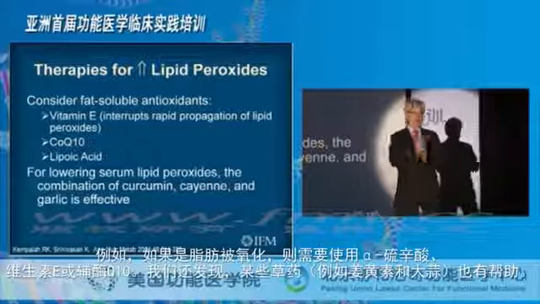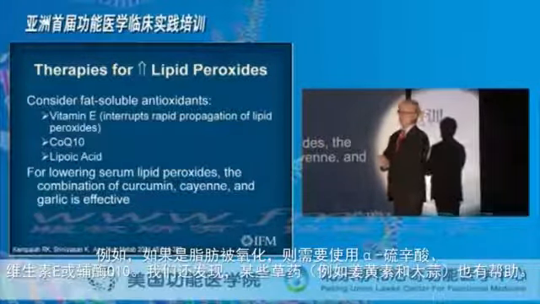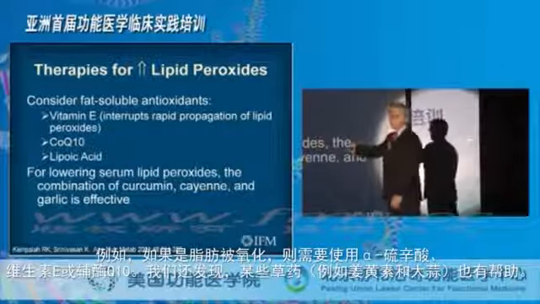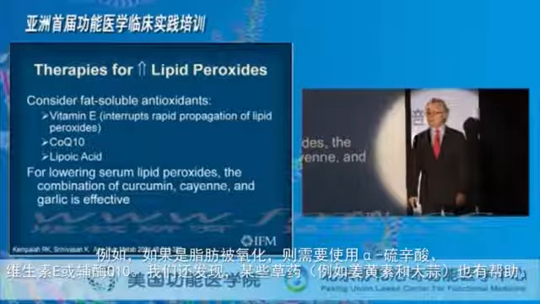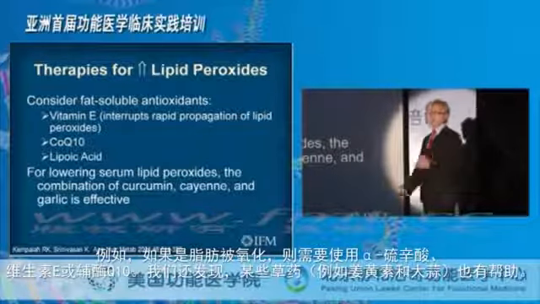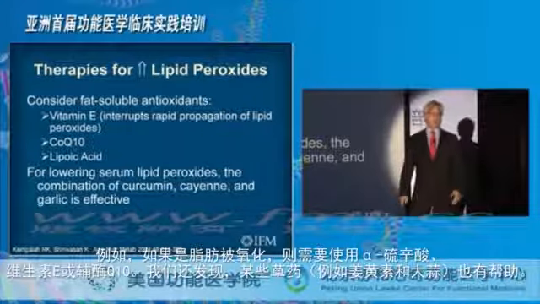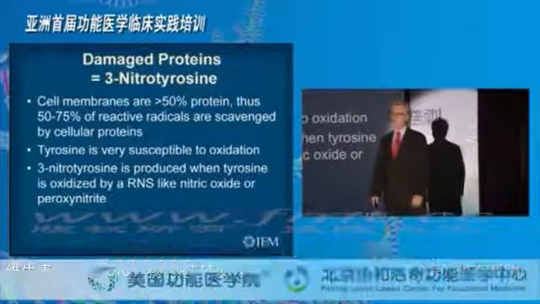For instance, if your fats are rancid and oxidized, you want to use alpha-lipoic acid, or vitamin E, or coenzyme Q10. We also find that there are certain herbs, like curcumin. Cayenne and garlic also are helpful if you have oxidation of your fats.